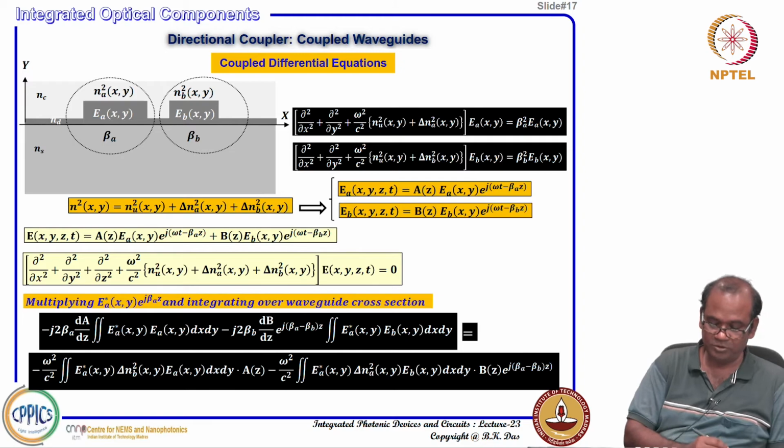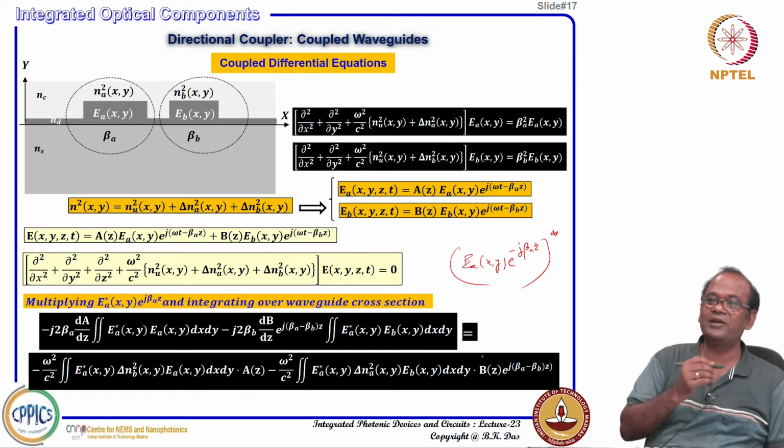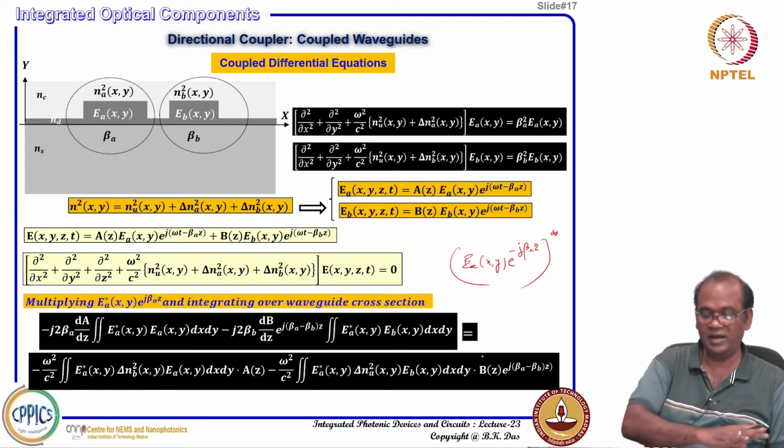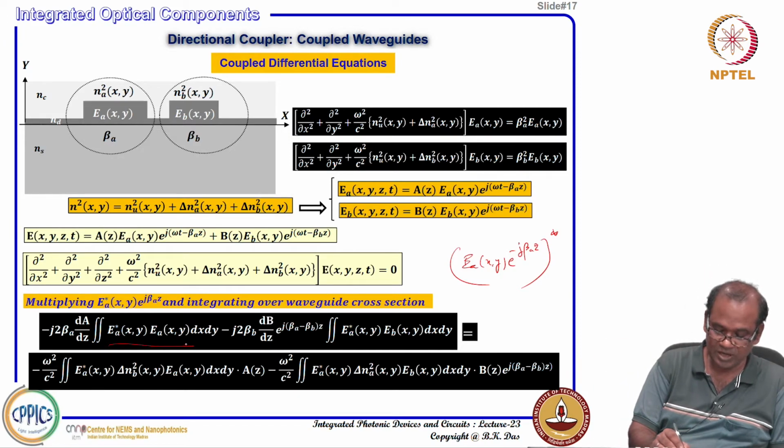Then what you do is multiply by E_a star (x, y) e to the power j beta_a z, the complex conjugate of E_a(x, y) e to the power minus j beta_a z, on both sides and integrate over the waveguide cross section x y, the entire structure. We get this first term.